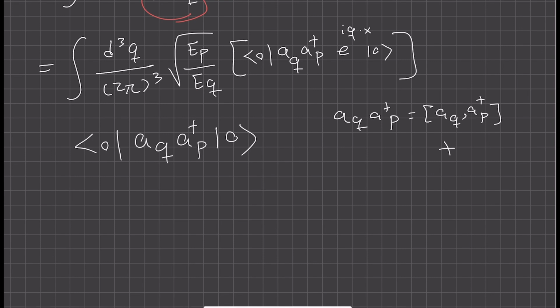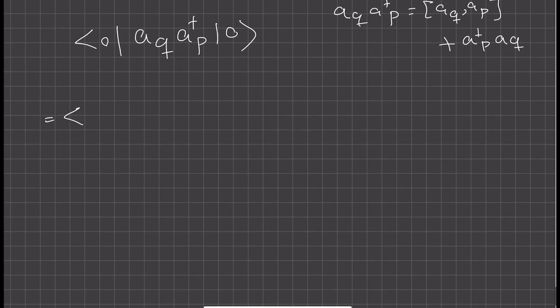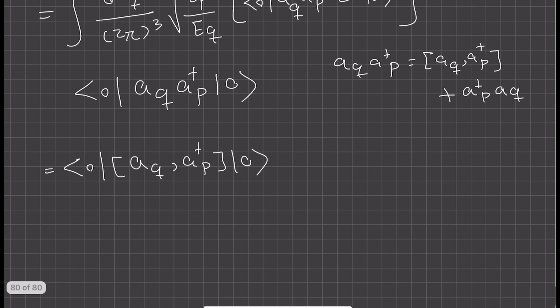The second term can be seen as a†_p a_q, right? So now I'm just writing it as the commutation of a_q and a†_p on the vacuum plus a†_p a_q acting on vacuum.